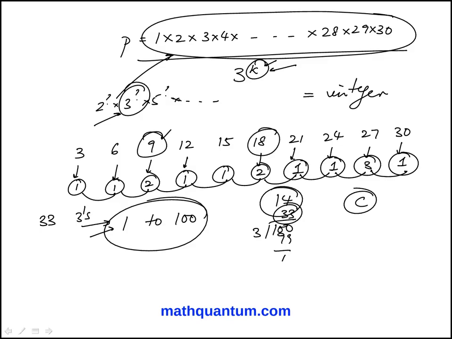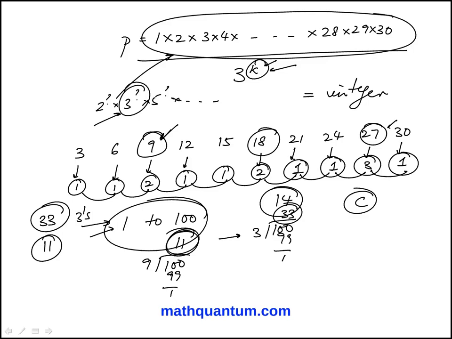But 3 comes twice in numbers that are multiples of 9, like 9, 18, 27. Well, 27 is 3 cubed, but I'll come back to that. If I count the number of multiples of 9 from 1 to 100, I divide 100 by 9, so there are 11 of them. I've counted the first set of 3's already when I did the 33, so I get 11 more 3's.